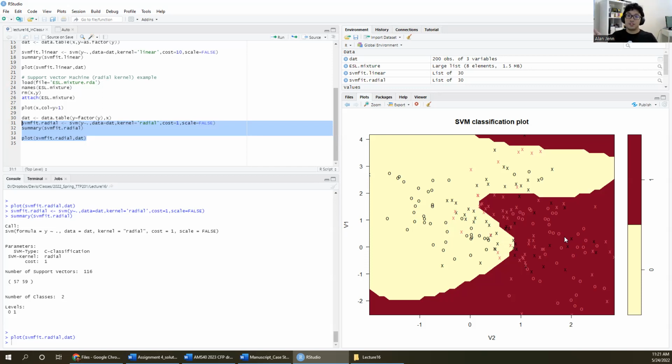So yeah, you can definitely quantitatively assess this using cross-validation measures.